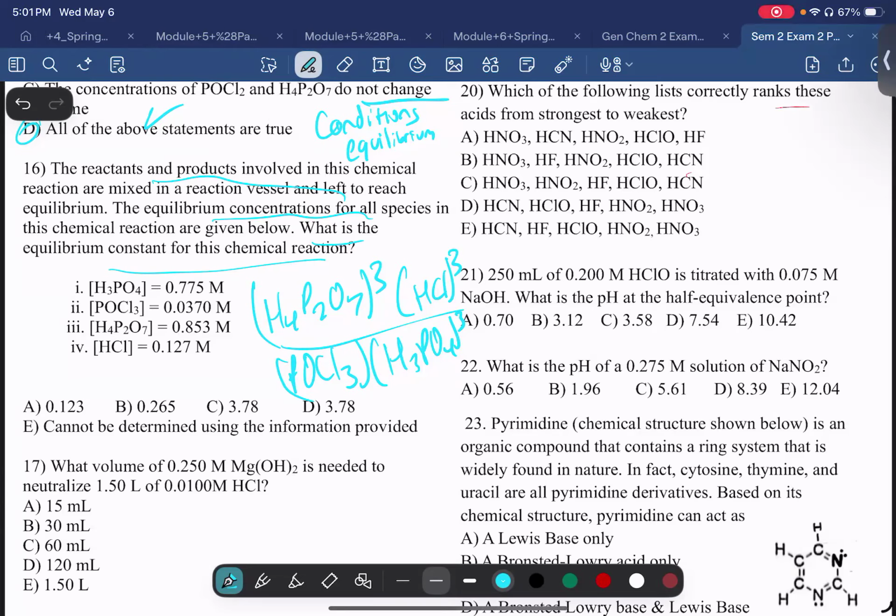So 0.127 cubed, right, divided by, okay, everything's good. 0.0370, okay, times 0.775 cubed.